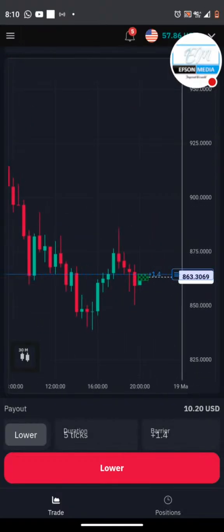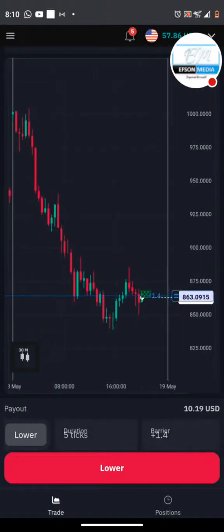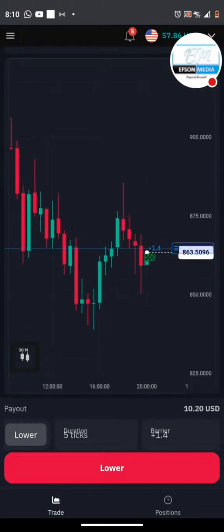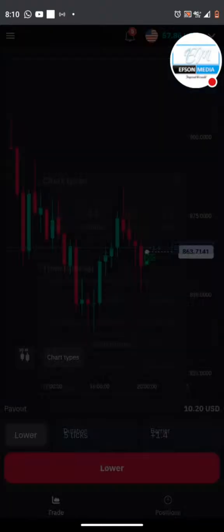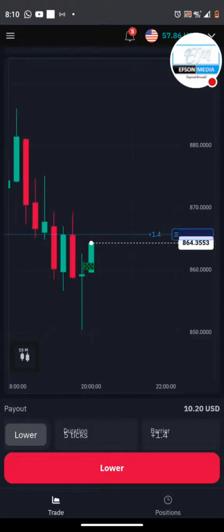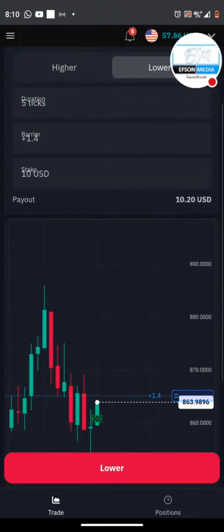And if you can see it here, a head and shoulders is forming. If you watch it very closely, a head and shoulders is forming, which means there will be a pullback. So it's upwards. The direction is upwards now. So now all our trades will be based on upwards.